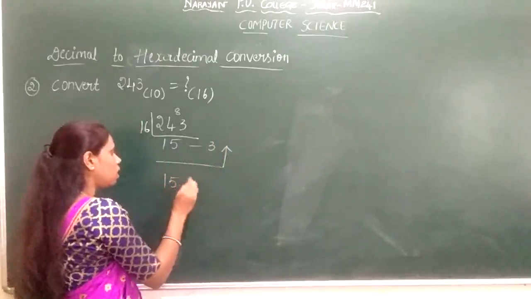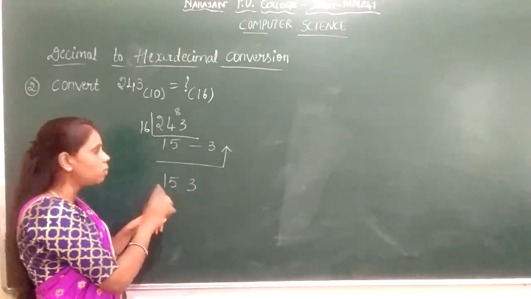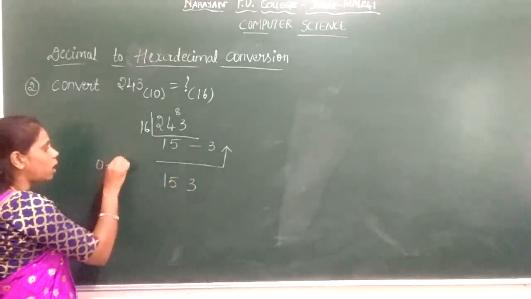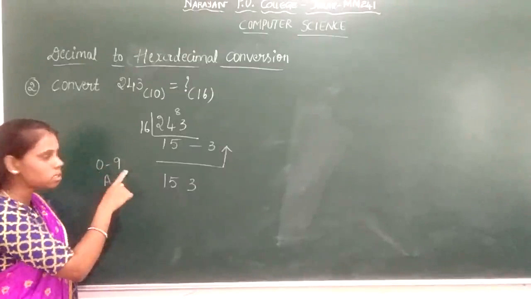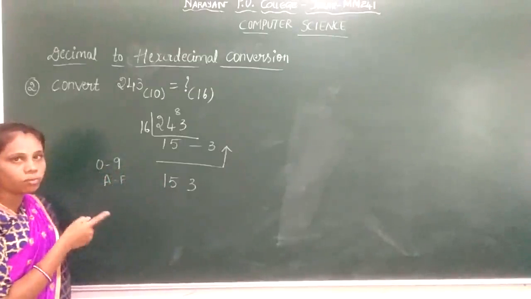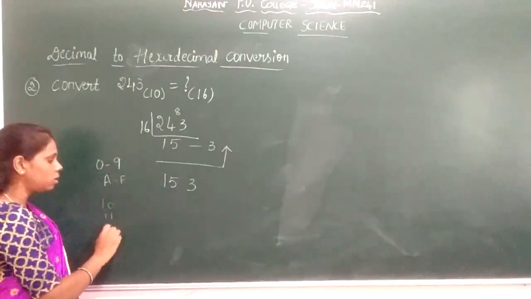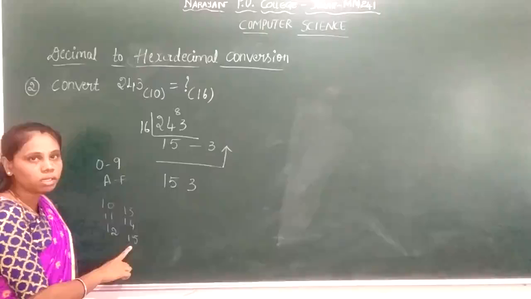So 15, 3. Now in the hexadecimal number system, the range is from 0 to 9 and A to F. So if you get 0 to 9 digits, you can directly write those digits. If you get after 9, that is 10, 11, 12, 13, 14 and 15, you cannot represent it as it is.